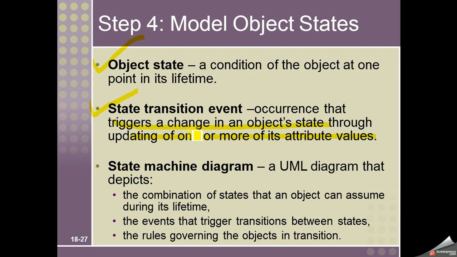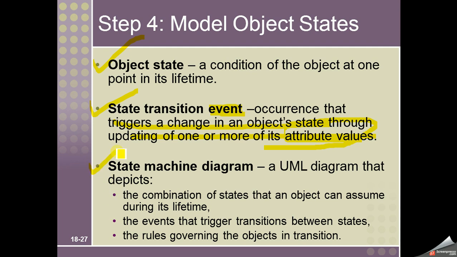For example, again talking about the same game object, when you are playing a game and you have 3 chances, when your third chance is gone, it will trigger a change of the game from the running to finished state, right? So we have different events which trigger a change of the state for any object. So they are the attribute values. So whenever this attribute value changes, it will change the state of the object.